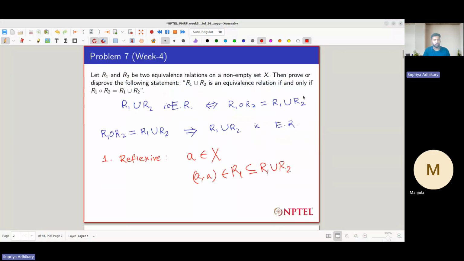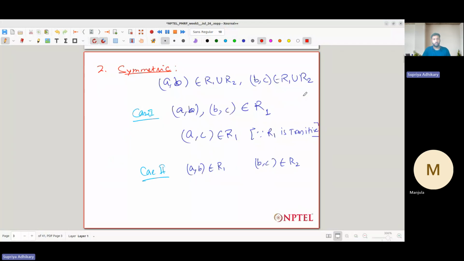our condition was that R1 composition R2 is equal to R1 union R2. So now, if this belongs to R1 and this belongs to R2, then R1 composition R2 looks like this: first we are using R2 and then we are using R1.